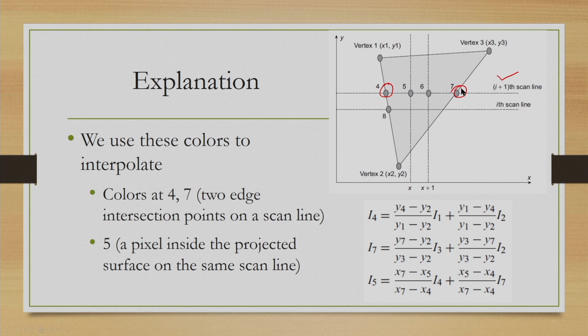That means they are the intersection points between the edges of the surface and the scan line, and we apply interpolation, where I1 and I2 denote the intensity or the color value that is already computed at vertex 1 and vertex 2. So, for I4 we require these two values, and for I7 we require I3 and I2, where I3 is the vertex color at vertex 3 here.